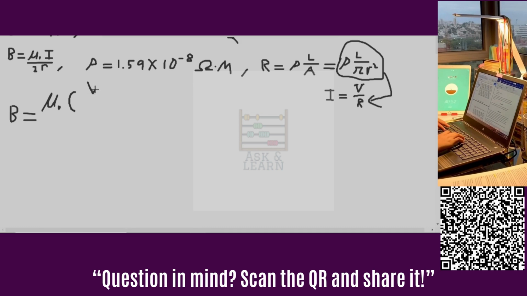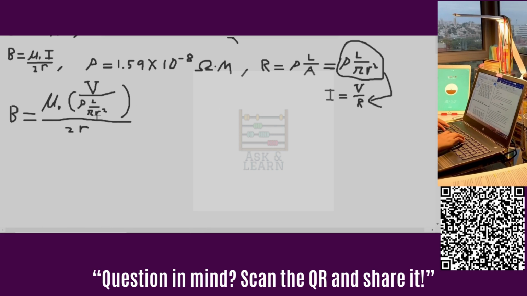So we have our V, our voltage, divided by R, which we know that R is equal to rho times L divided by pi r squared. All of this stuff is I. So it's a big jumbled mess right now. That was our I, and now in the denominator here we still have 2 times the radius.